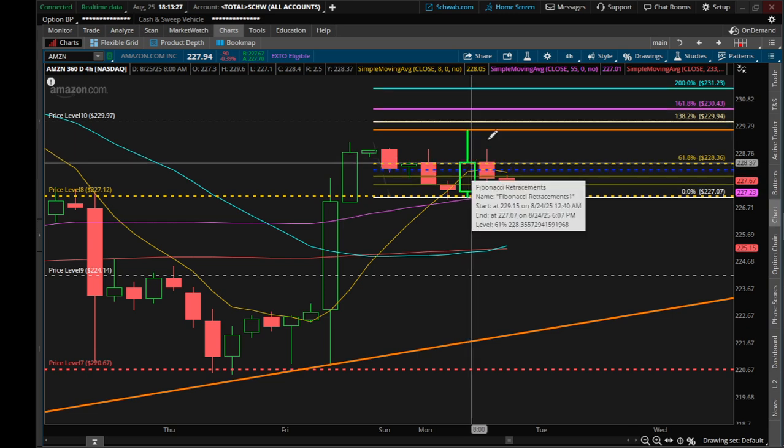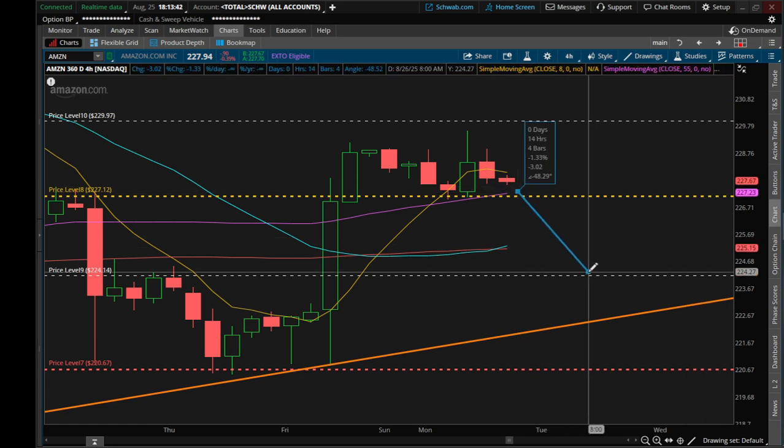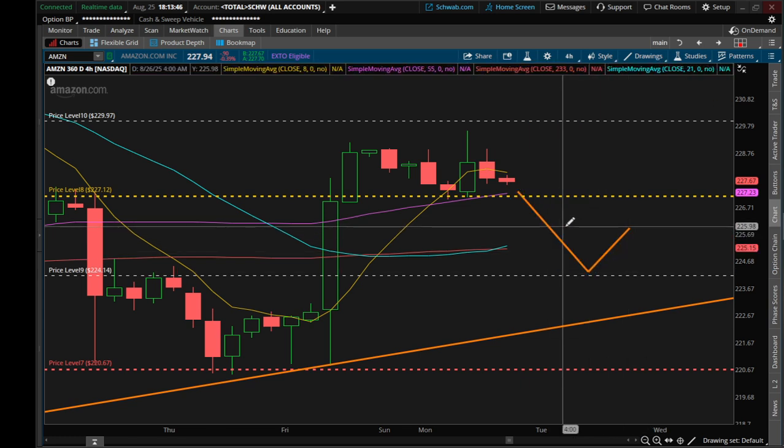A strong rejection off that. That's bearish. So yeah, I'm thinking a pullback. I'm really leaning towards this move here, and then at least a bounce to 50% of that.